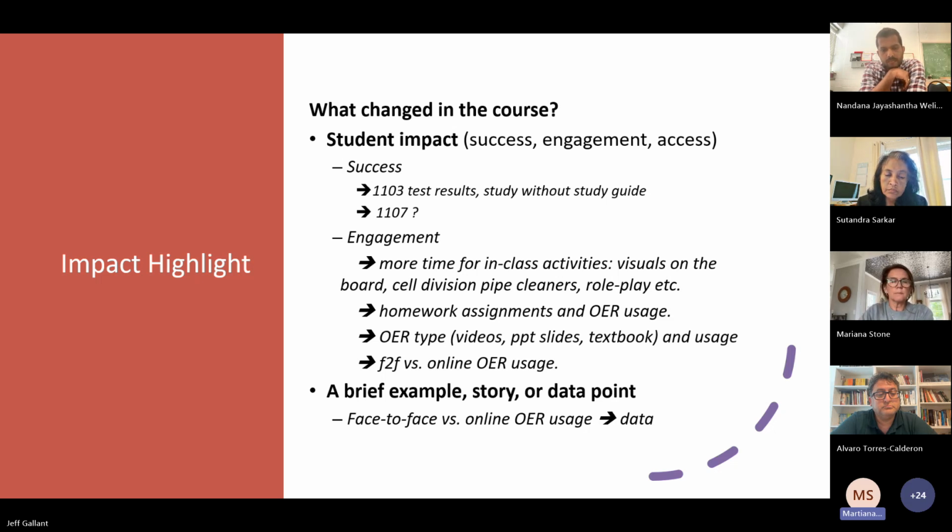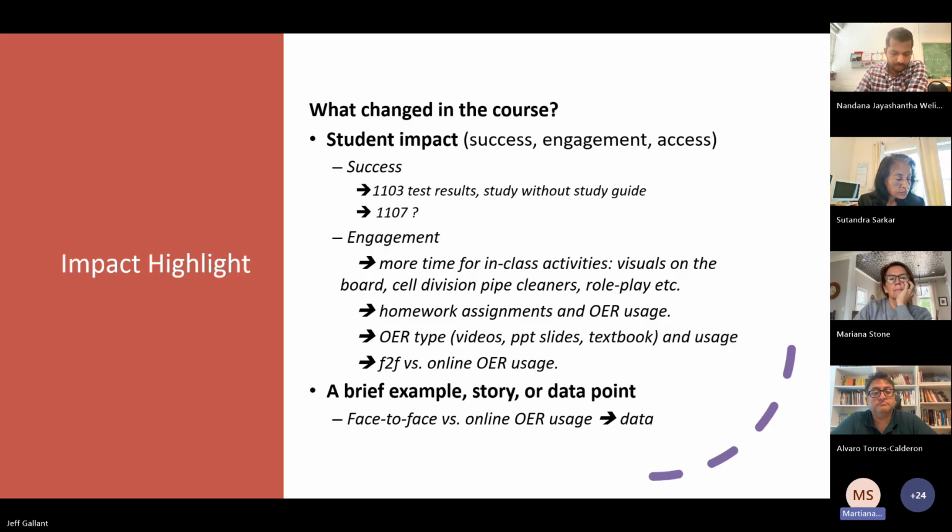No, I want them to use the PowerPoint slides and the YouTube videos by themselves, and start thinking like a scientist, somebody who knows biology. In 1107, if I analyze each exam question, maybe I'll see some improvements. I'm not there yet. Overall, when I compare exam grades, I didn't see better grades, but I did see that with 1103. So my question now is, why do I see that?